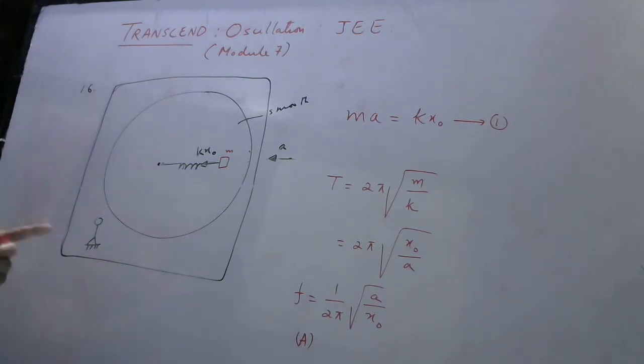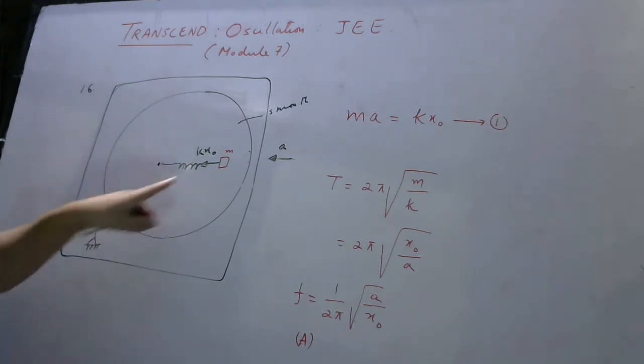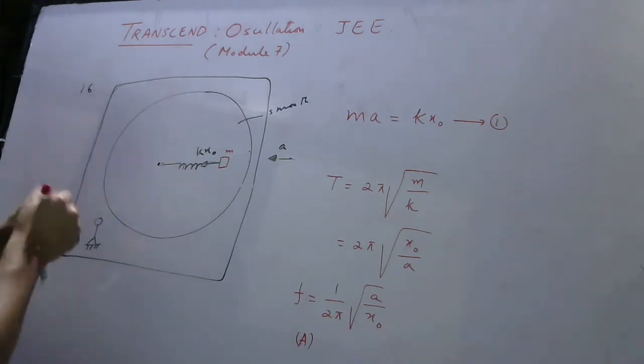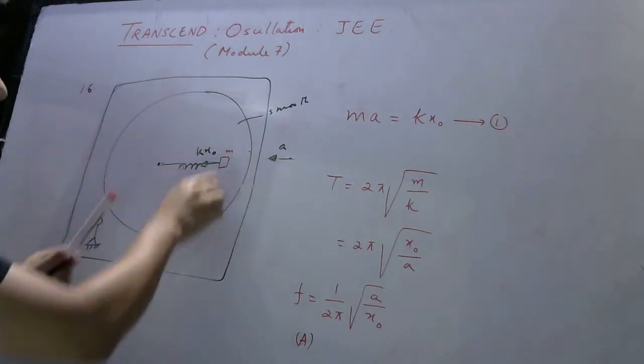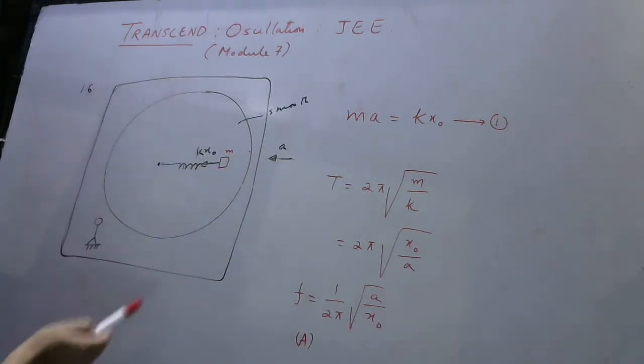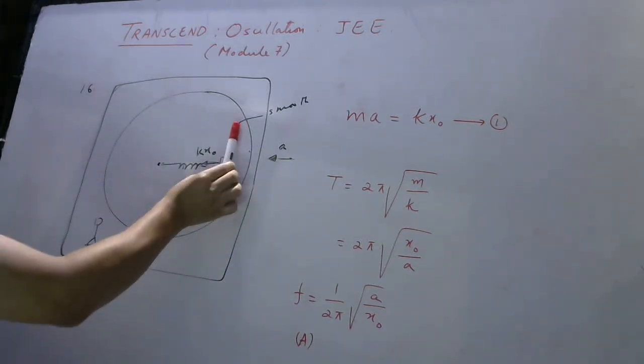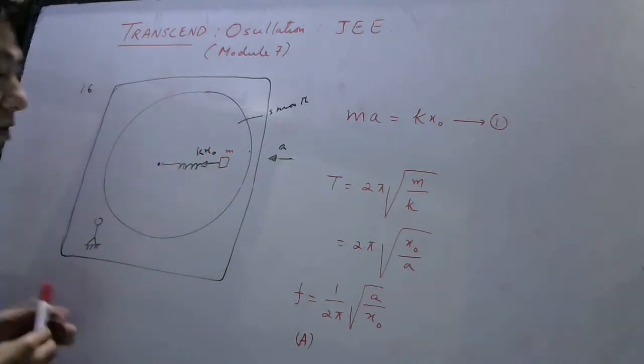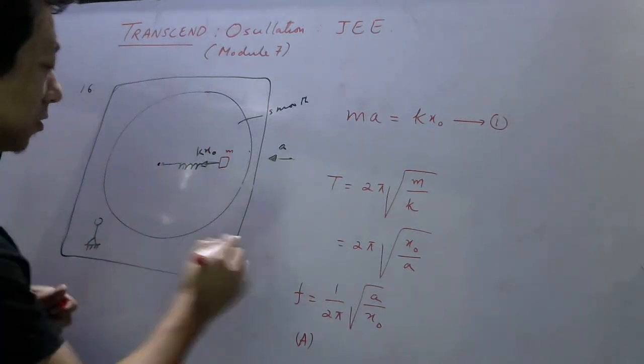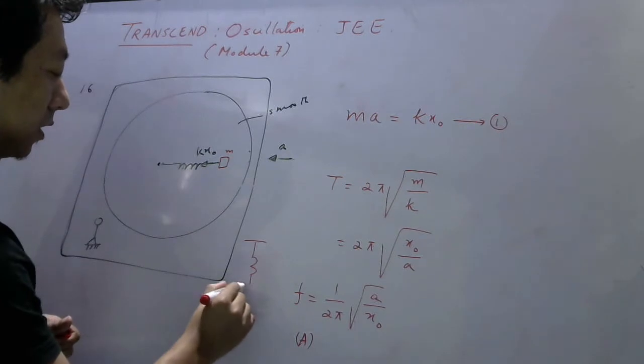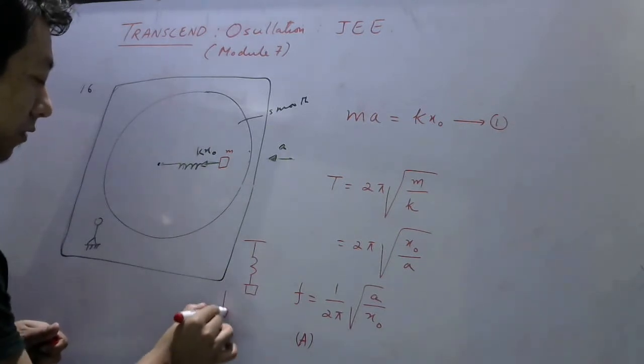However, the point to realize here is initially the lift was accelerating and the block was not oscillating, which means it was in its mean position. And it's similar to gravity. When there is a spring like this and you connect a block, there is gravity, right?